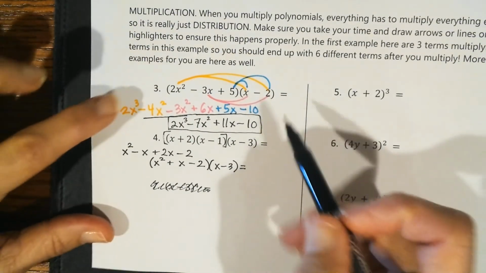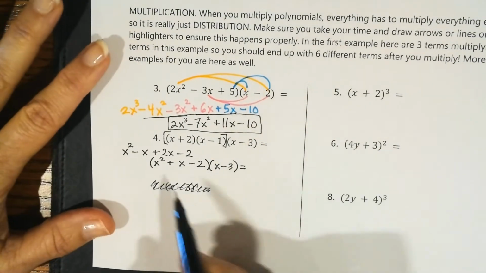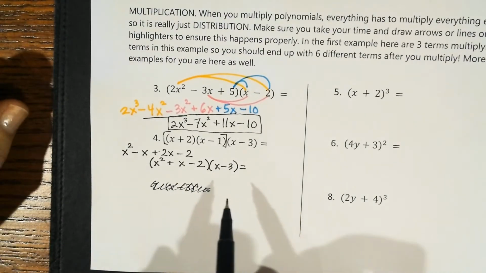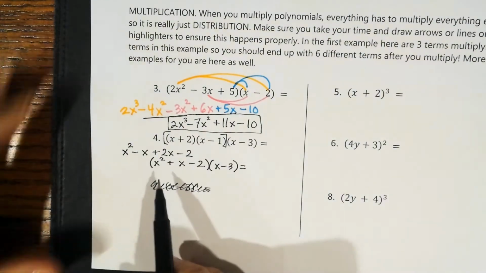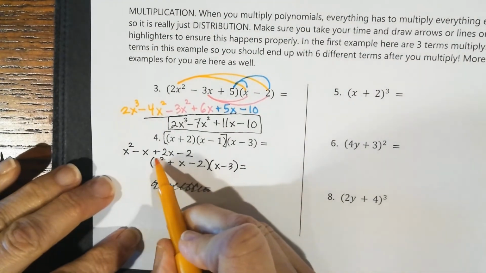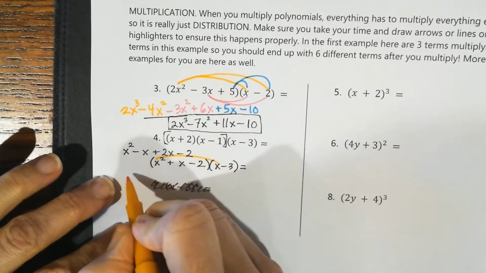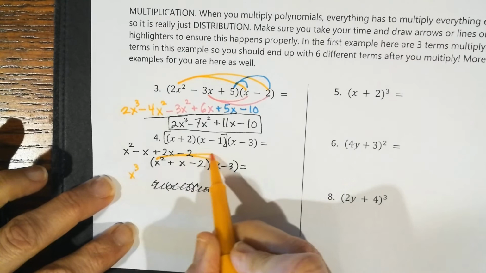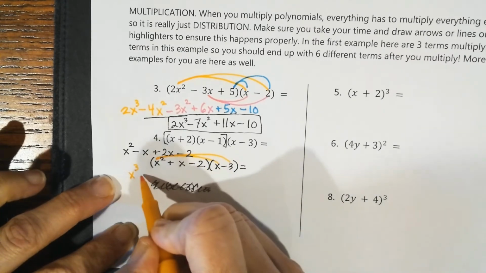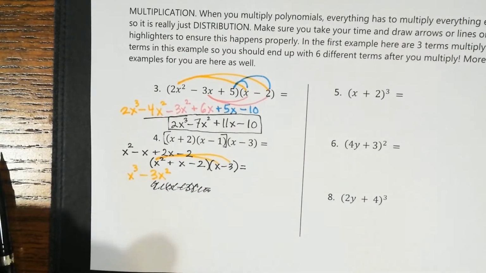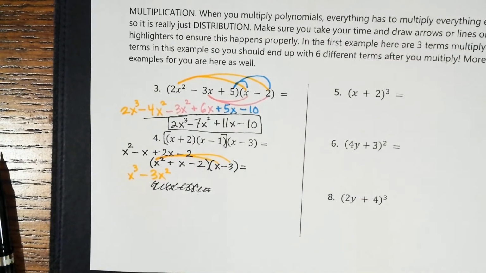So now you're going to go back to what we did here. Everything multiplies everything else. We're going to end up with 6 total. So the first two, grab my yellow, it's going to be x squared times x. That's an x cubed. And then I'm going to go x squared times minus 3. So that's minus 3x squared. I'm going to grab my pink.